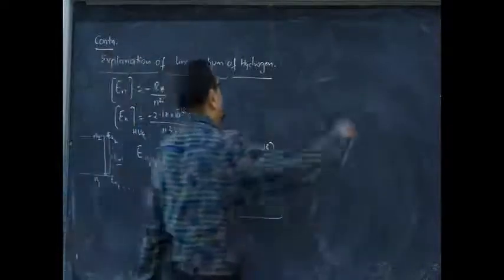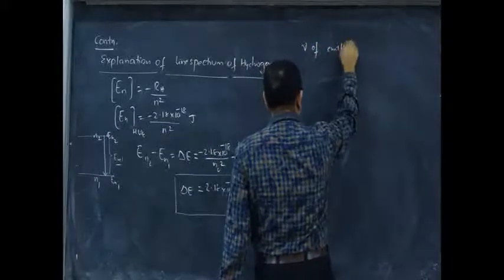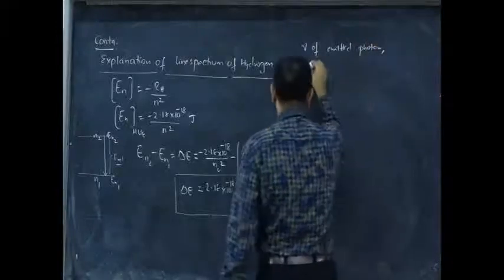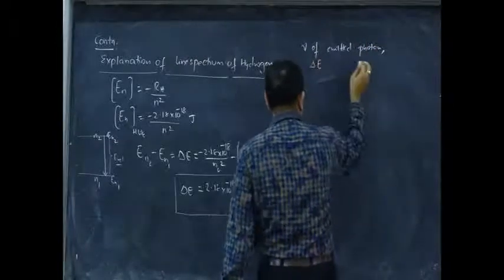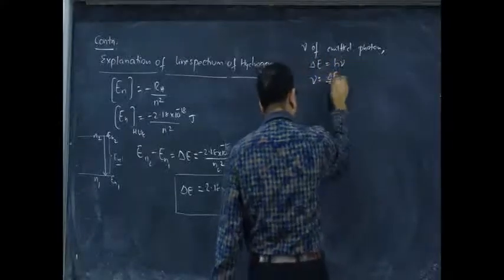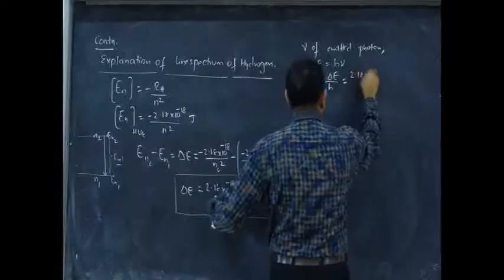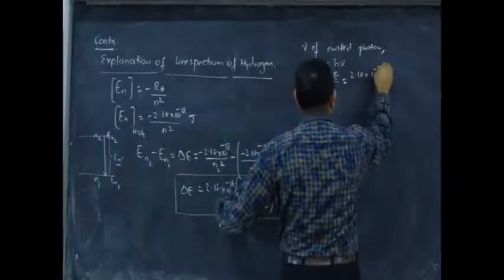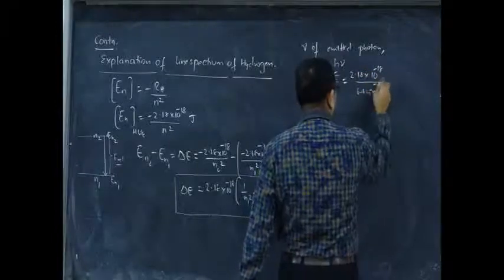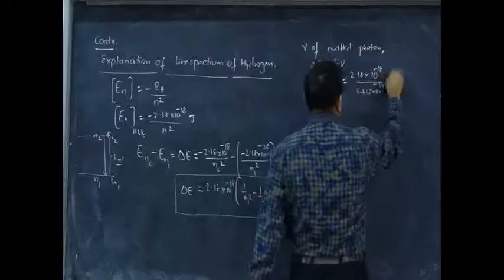Now when it comes to the frequency of the emitted photon, it can be calculated as, we have delta E equal to h nu. So nu equals delta E by h, that is 2.18 into 10 power minus 18 by 6.625 into 10 power minus 34 joule second. This is energy in joules.